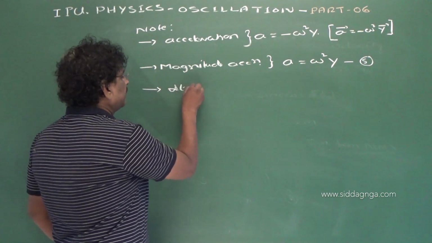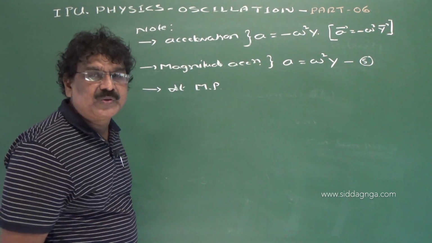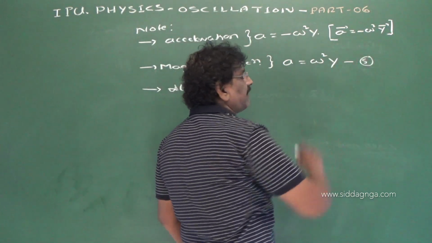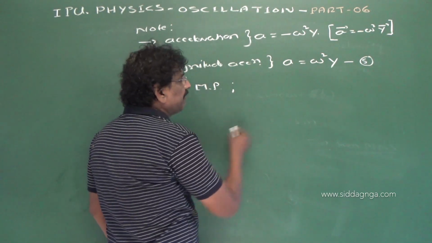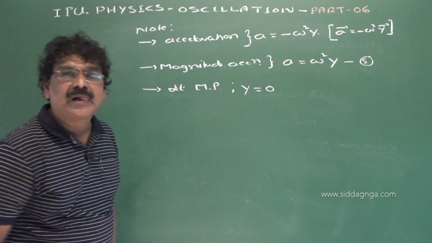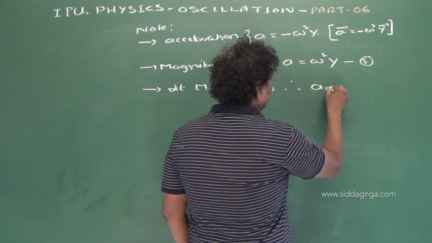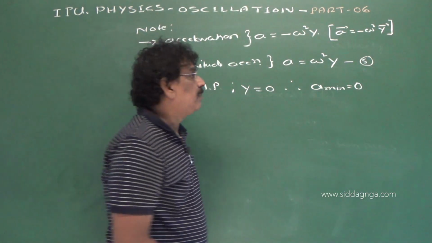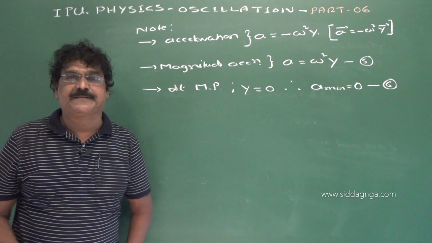At mean position, here MP is the short form used for mean position, we have A is equal to omega square into y. At mean position, what is the value of y? y is equal to 0. Therefore, acceleration is minimum and the minimum acceleration is equal to 0 at mean position. We may take it as equation 6.